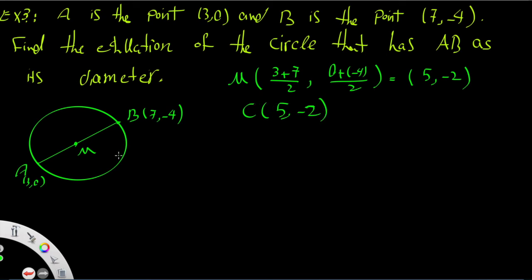Now, radius is the other element needed here. We know that if it is a diameter, radius is half of the diameter. First, we need to find the distance of AB.